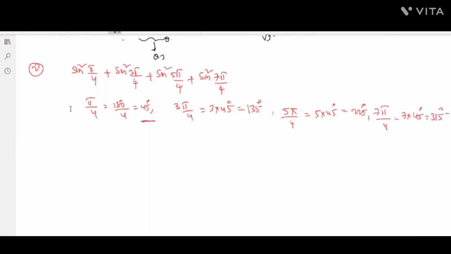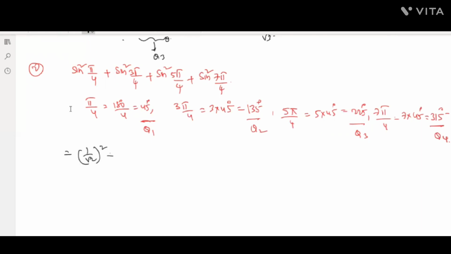So 45 degrees belongs to Q1, 135 to Q2, 225 to Q3, and 315 to Q4. Sine is positive in Q1 and Q2, and negative in Q3 and Q4. For all these multiples of 45, sine is 1 by root 2 in magnitude.